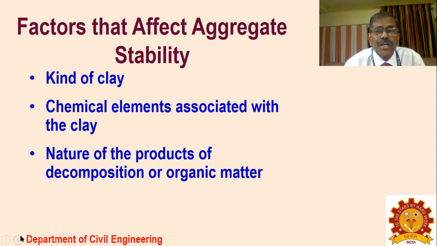In such cases, the locking of air will be enormous in the soil, and because of that, the compressibility and stability of the soil are very much affected by the entrapped air, which is because of the decomposition of the organic matter and the nature of the product. Hence, aggregate stability depends on the kind of clay, the chemical elements associated with the clay, and the nature of the product of the decomposition of the organic matter. These are all contributing to the soil structure.